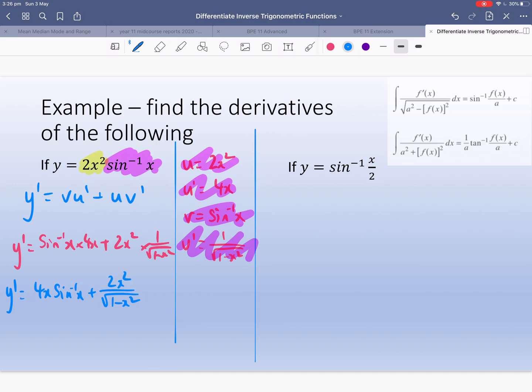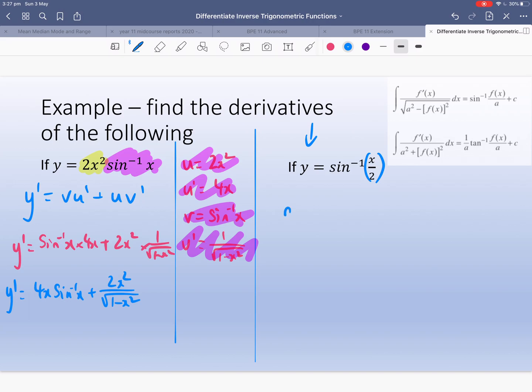Okay, now I'm going to do this next one using a quick, sort of chain rule way of doing it. So I'm going to do the derivative of the original thing and then multiply by the derivative.